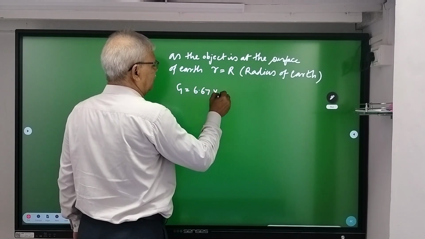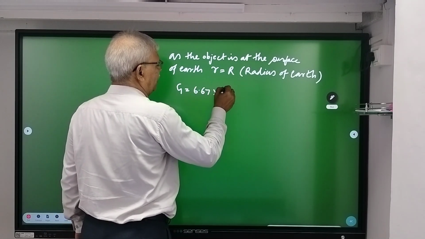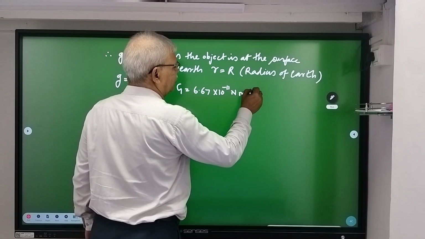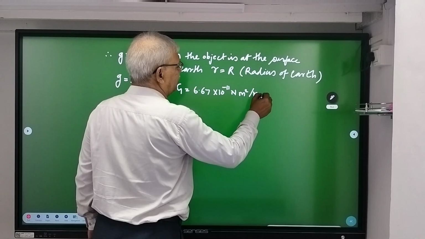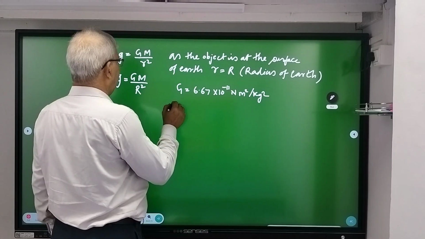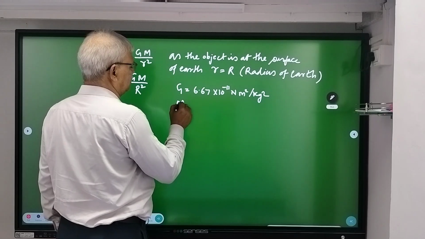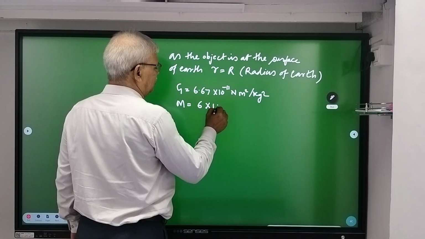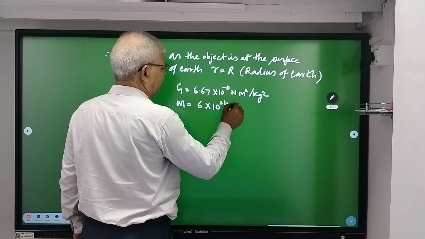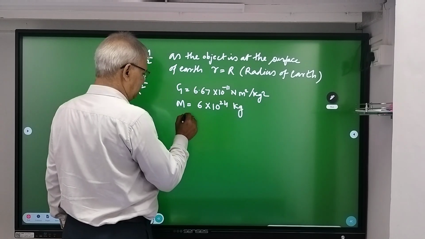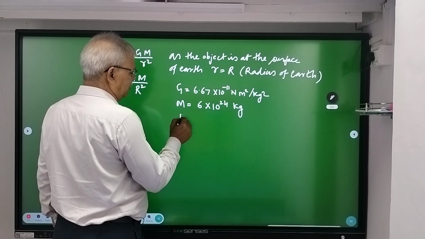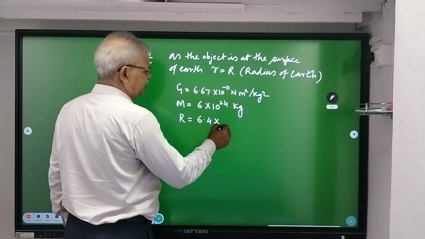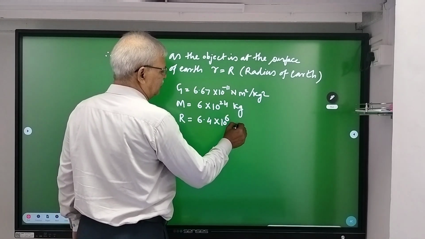Now see here, value of G is 6.67 into 10 raised to -11 Newton meter square per kg square. Similarly, mass of the Earth is equal to 6 into 10 raised to 24 kg, and radius of Earth is 6.4 into 10 raised to 6 meter.